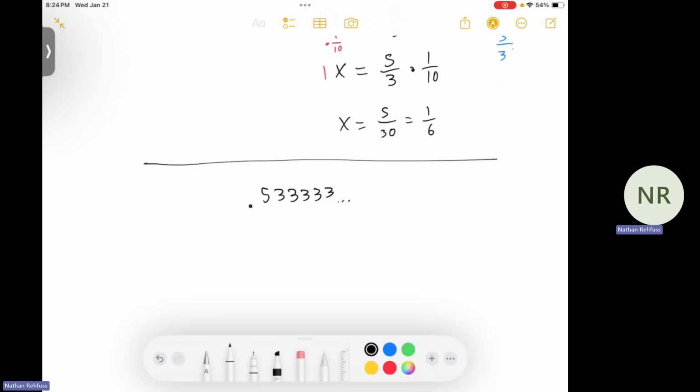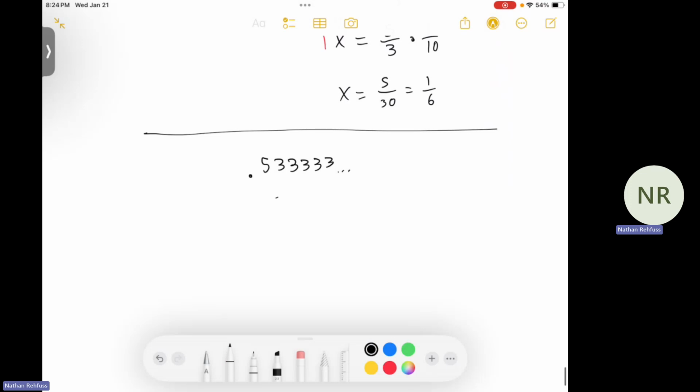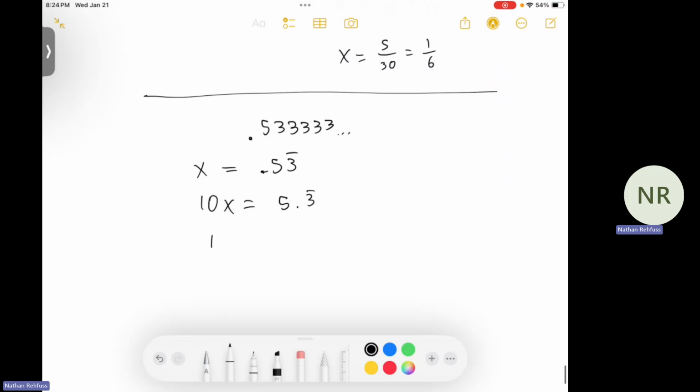Well, I did the problem as a decimal, shame on me. So I need to turn my answer into a fraction. It's a 5 and then a 3 repeating. I'll say x is what I want. 10x is 5.3 repeating. So 10x minus 5 is 0.3 repeating, which is 1/3.